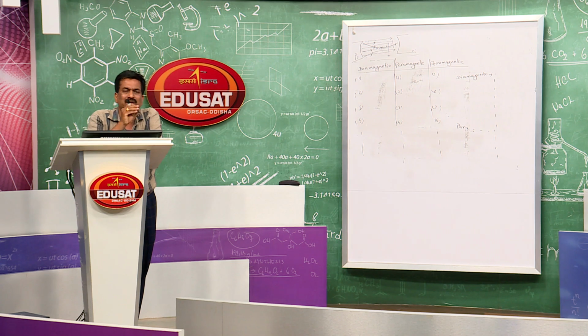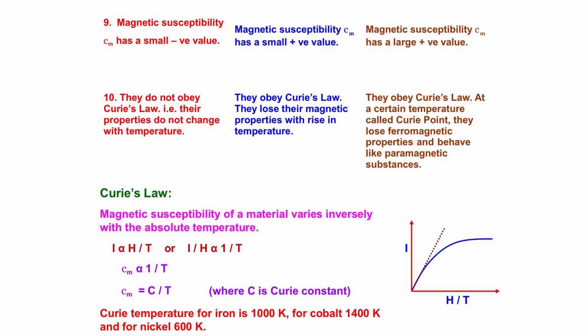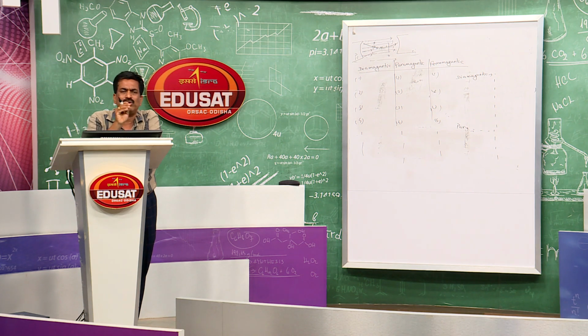And the one thing we have to discuss is hysteresis. Just remember, hysteresis is a graphical representation with B and H. B and H are taken, or I and H, you can take it in two different ways, and in both cases I or B is lagging behind H. In that way we will come to know about its retentivity and coercivity.